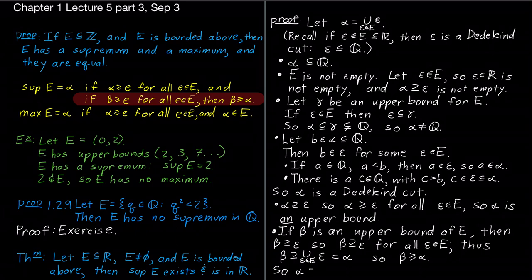So alpha is the least upper bound of E, and in particular, it exists.